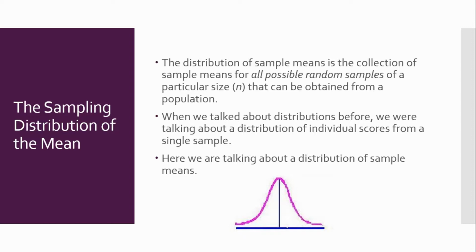So say we have a dice with the standard 6 sides. Well, so there's 6 possible scores from the population. All right. Say we roll the dice twice, so our n is 2. We have 2 scores, and we calculate the mean from those 2 rolls of the dice, whatever the scores were. We do that over and over and over again. We would end up with a bunch of different means, okay, and they would form a sampling distribution of the mean.